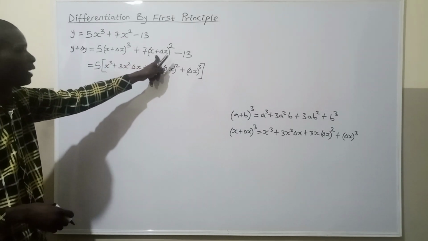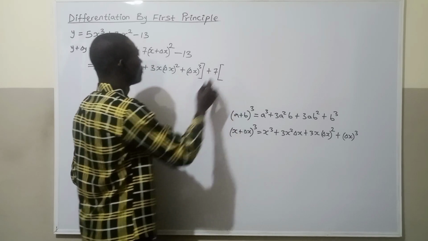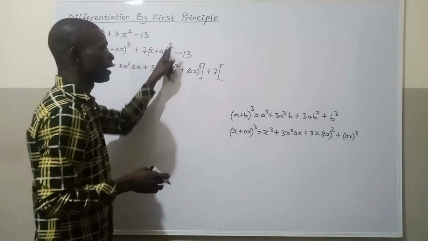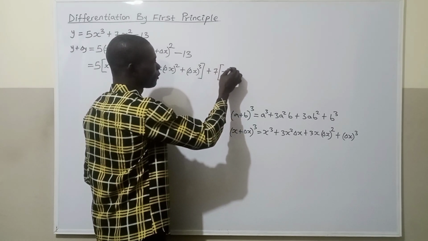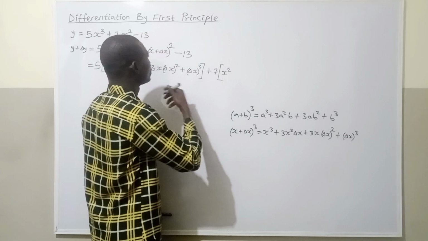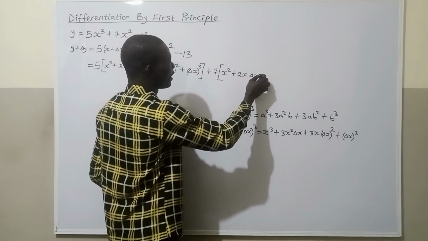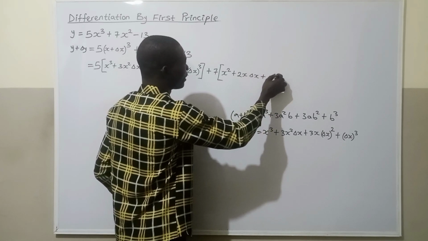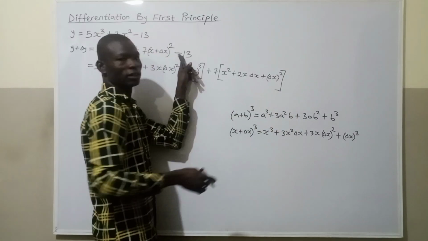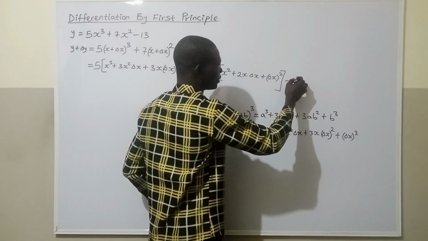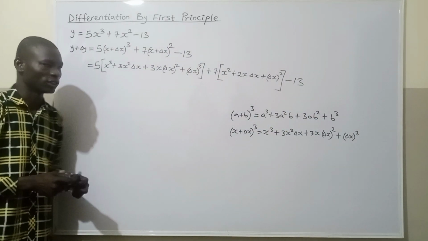The next one is to expand this particular one, and that's going to be plus 7 open bracket x plus delta x squared. Still on the binomial expansion video, that's going to be x squared, and of course even in the previous question that we solved, x squared plus 2x delta x and then plus delta x squared. That is the expansion of that. And then the final one, which is minus 13. So this is what we have by the expansion.